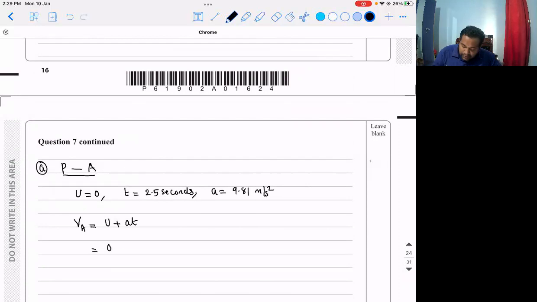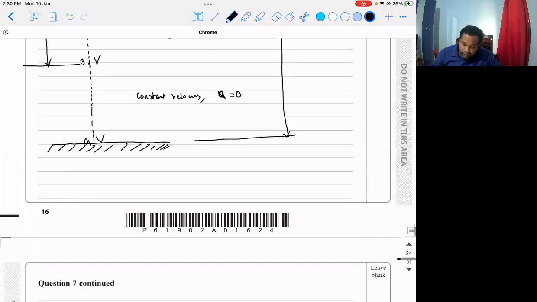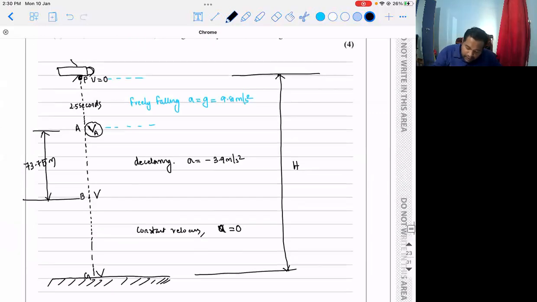Since U is 0, it is 9.81 times 2.5. Please calculate this. That gives 24.5 meter per second. That is the answer for the A part. So now the speed is 24.5 meter per second.